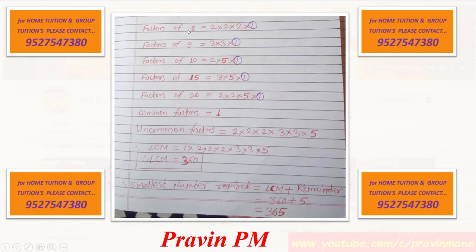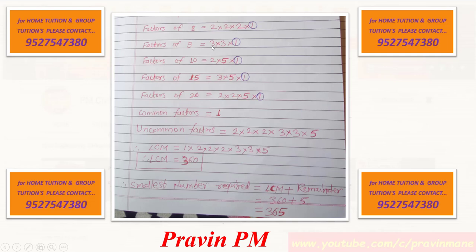So we are taking the maximum: 2 comes at most 3 times in a number, so we are taking 3 times 2.